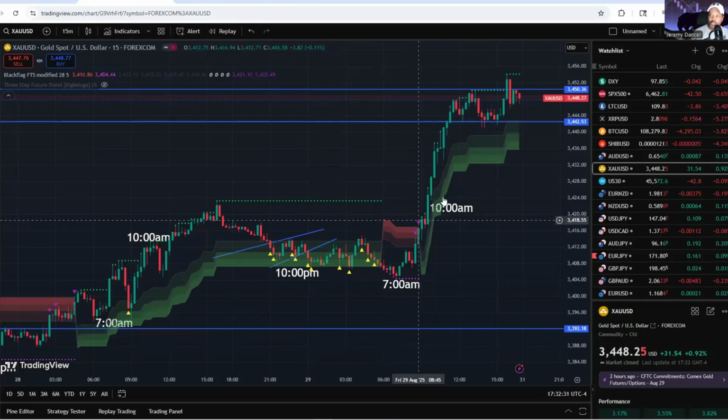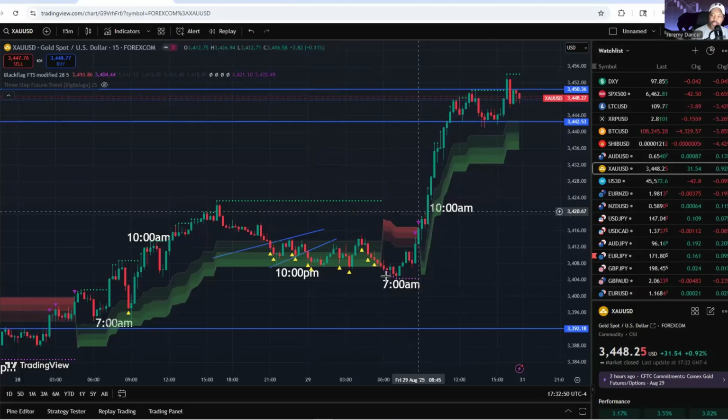And this would have been a hard trade to find because it's already so high, and this was a previous resistance area. So it would have been hard for you to buy here, and you have so many other factors telling you that the price is probably going to drop.